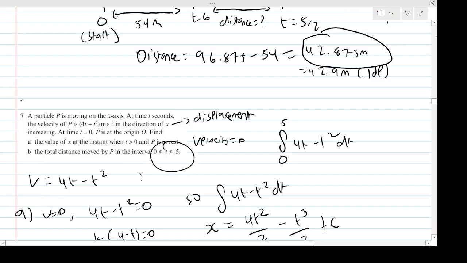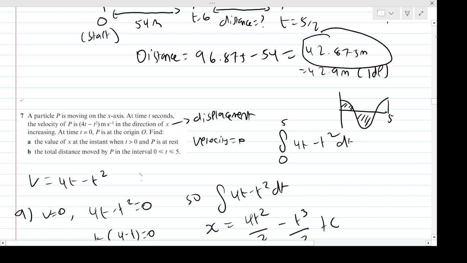But the issue is, if I just integrated straight up from 0 to 5, the velocity graph might go underneath like this. So let's say 5 is here, then there's a portion of the graph that's positive, above the axis, then it goes negative here.